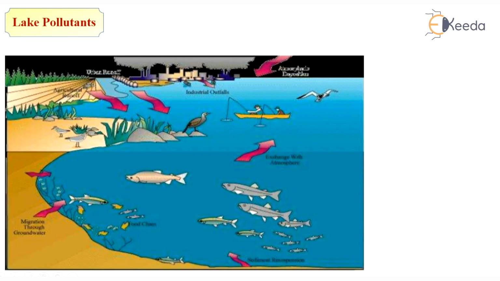So as you can see in this figure, a number of industries are located on the platform of this lake, so the industrial wastewater, sometimes without treatment or sometimes after treatment, will be discharged into this lake.